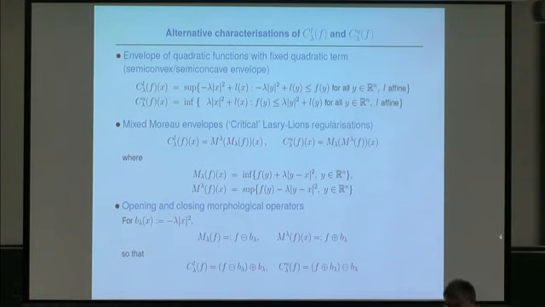characterizations which get to some familiar territory. We can view this as the semi-convex or semi-concave envelope of a given function. That means semi-concave is the... which one is smaller, which is the larger.